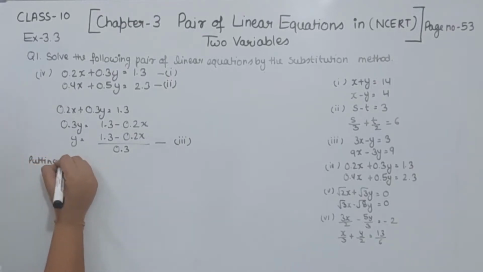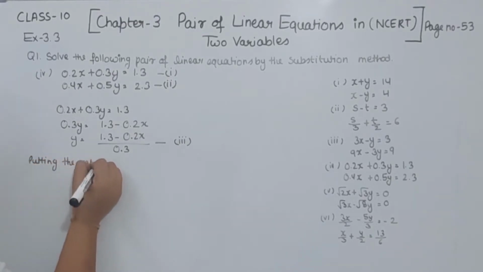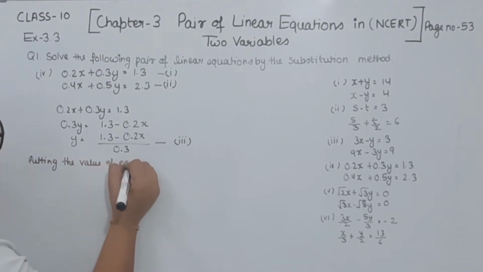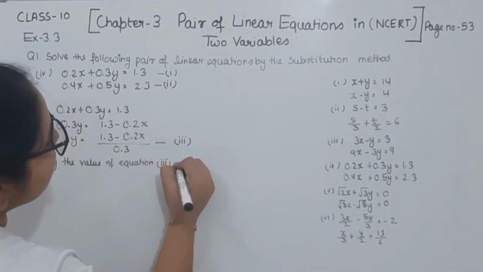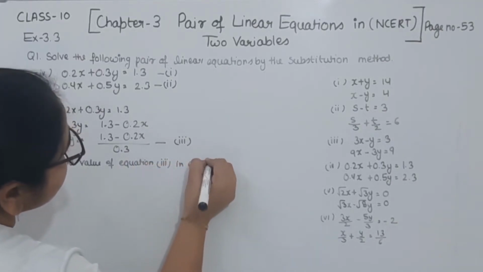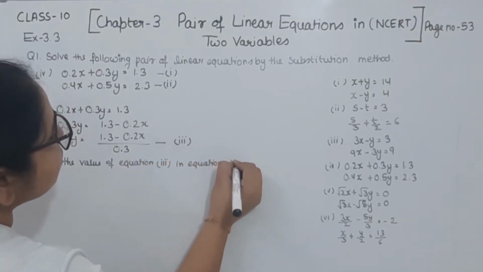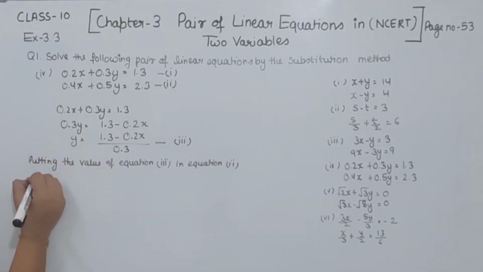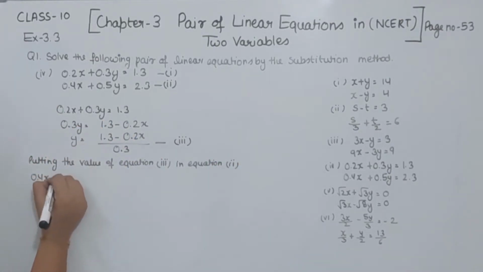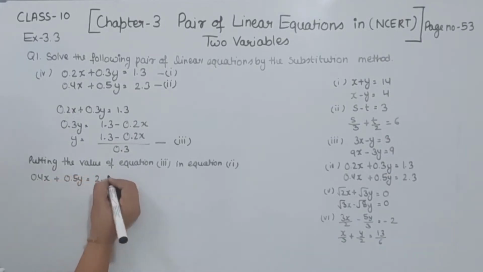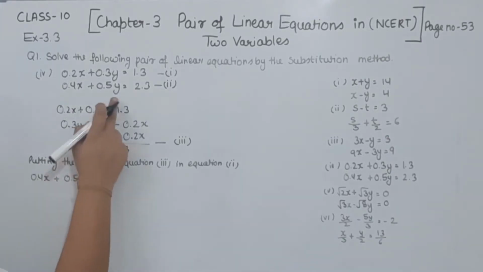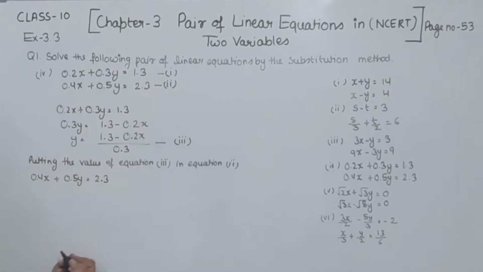So I am going to write here, putting the value of equation 3 in equation 2. The equation number 2 is 0.4x plus 0.5y equal to 2.3.